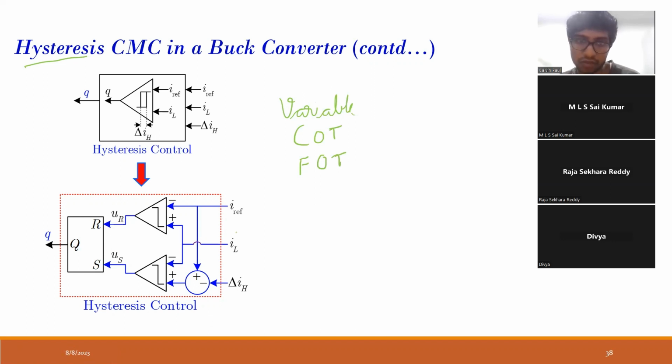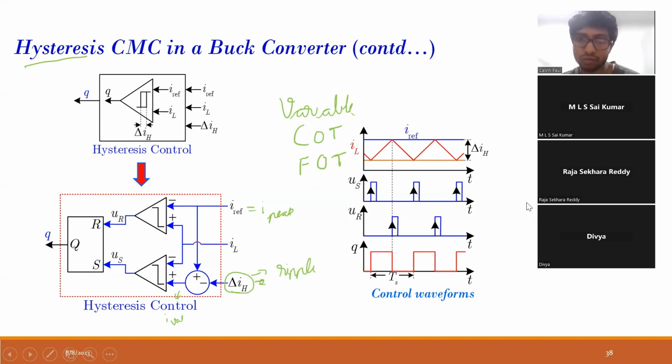There is a peak value, this is known as the peak value, and this is the valley value, I valley, and delta I is the ripple. I reference is the peak value. This orange thing is the I valley, and IL is the inductor current, which is varying like this, and delta IL is my ripple.